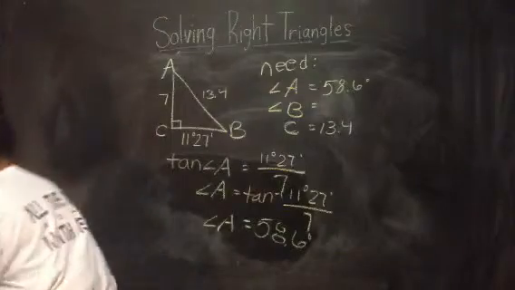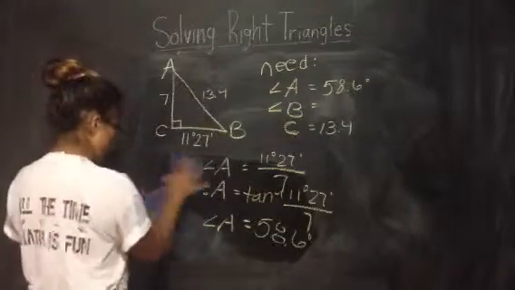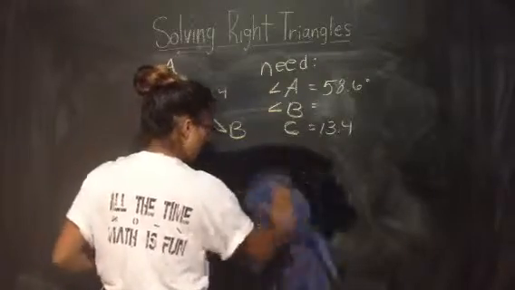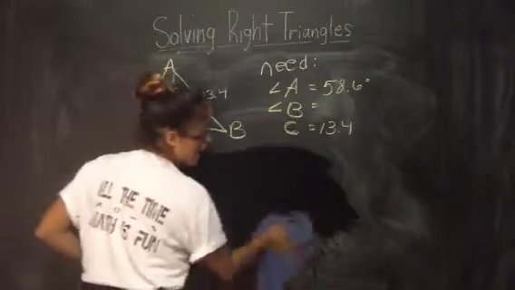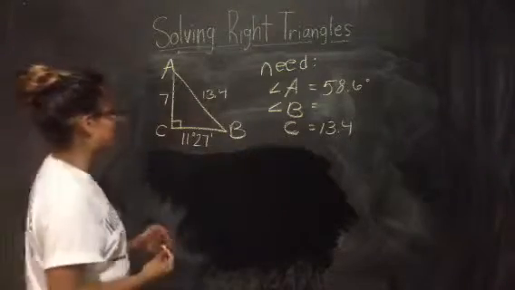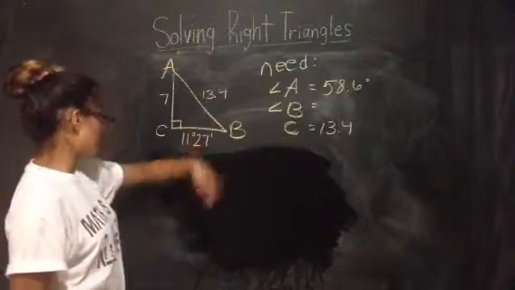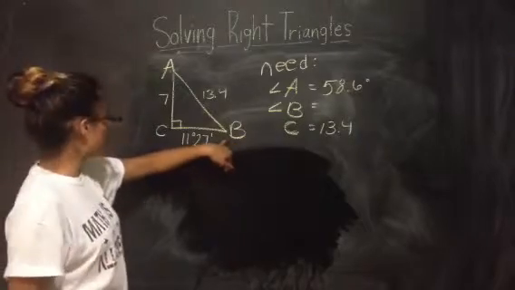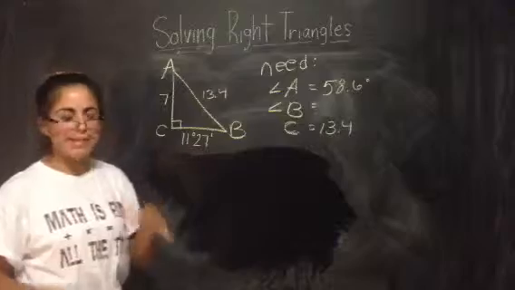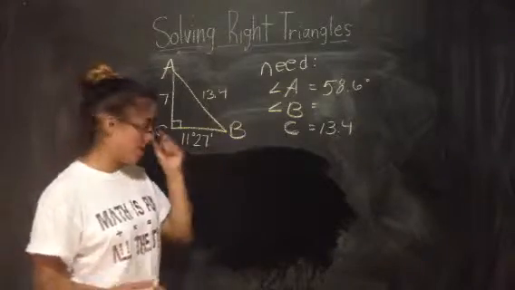So, to find angle B, the last missing angle, there's a couple ways you can do it. One of them being the same way as you found angle A, which was finding a trig ratio. For instance, you could do the tangent of angle B is 7 over 11 degrees 27 minutes, and then do the inverse that way.